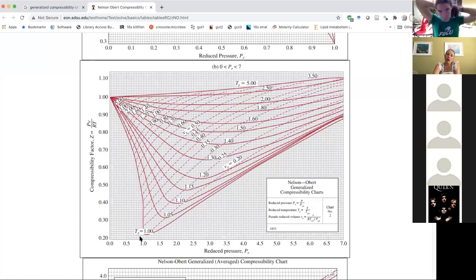So we want to know where this line and this line connect. We're going to follow our pseudo reduced specific volume line of 0.35 and see where it hits our temperature reduced value of 1. It appears to be hitting about here. We're going to follow that down to the pressure reduced at the bottom, and it looks like we're at about 1.